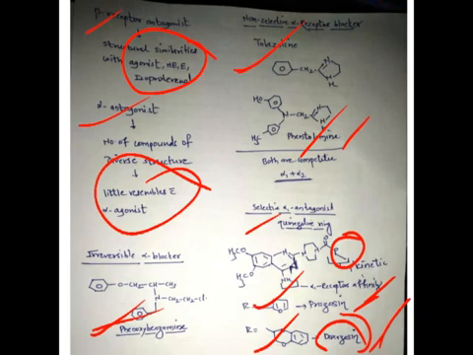Today we have seen the SAR of imidazoline structure. If carbon is present, it shows alpha 1 receptor activity. If nitrogen is present, it shows alpha 2 receptor activity.